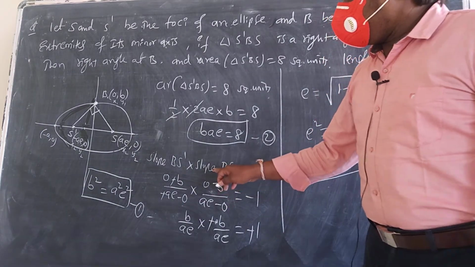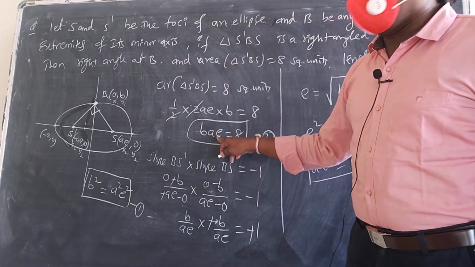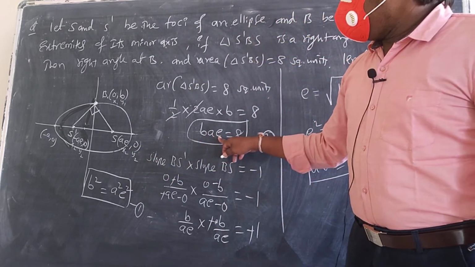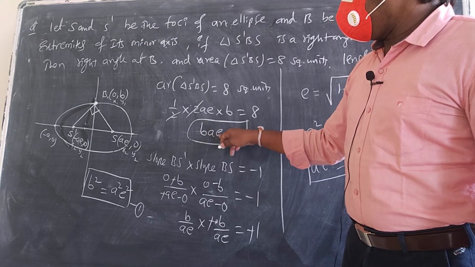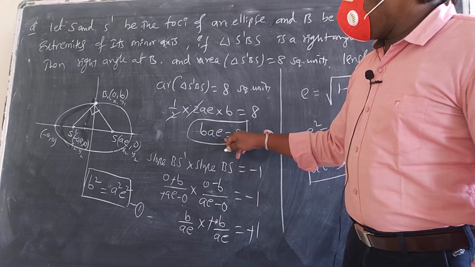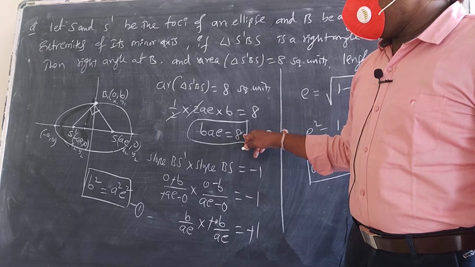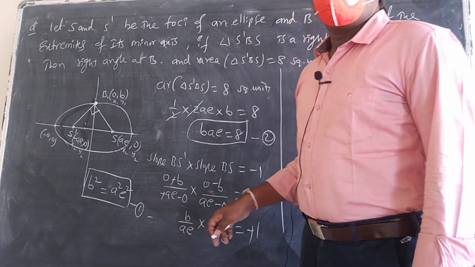See here, suppose b square is equal to a square e square. If you substitute into the second equation, squaring here I get b square a square e square equal to 8, I will get. Are you getting it? This I will get as 4 root 2.